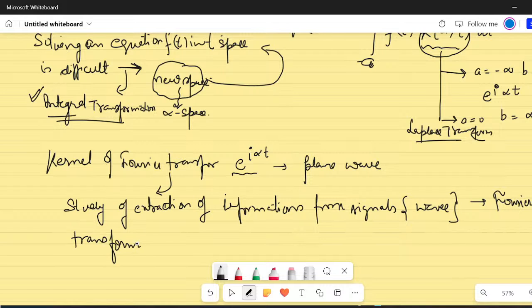Transforms are the natural choice, and we've already done these transforms.